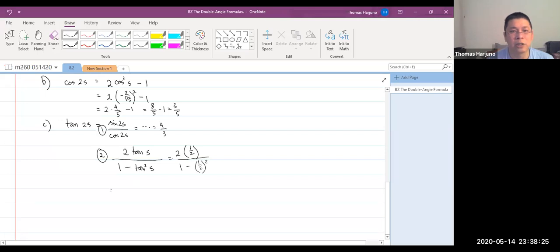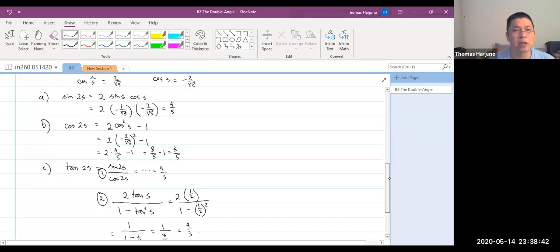So that equals 1 over 1 minus 1/4. That's 1 over 3/4. That's 4 over 3. Okay, so we get sine double angle, cosine double angle, and tangent double angle.